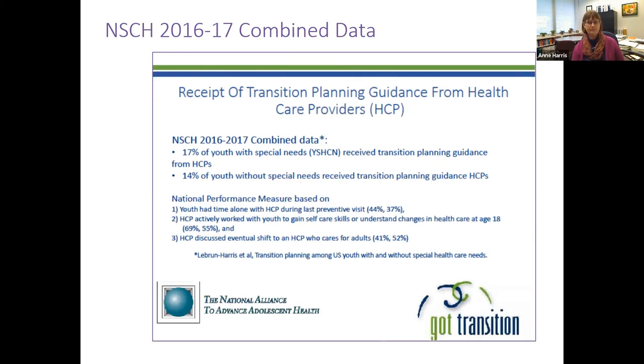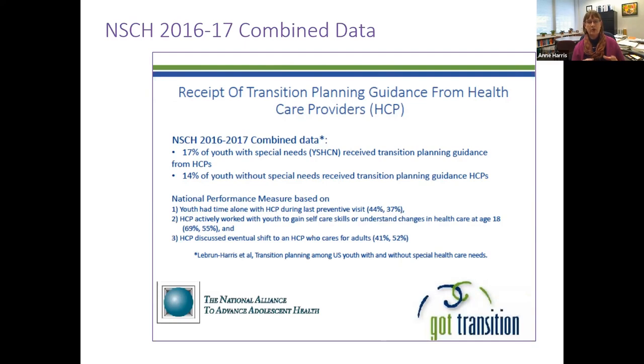The actual numbers for who's reporting getting planning guidance from HCPs are lower than what we used to use. We were saying about half the kids were getting support for transition, but they're focusing the measure just on what they're getting from the healthcare providers.